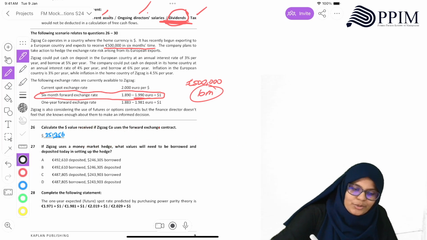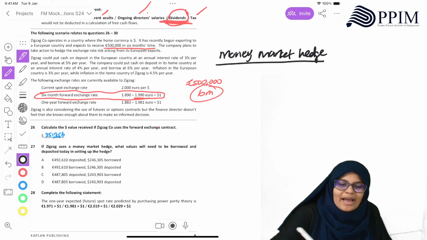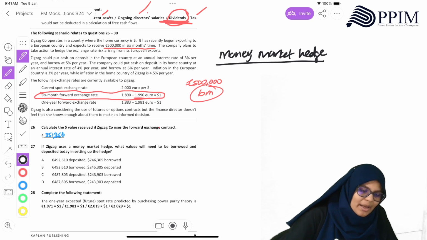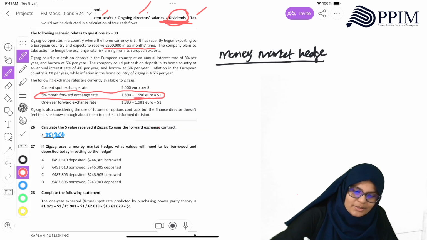Right, so if you are going to do a money market hedge, we need to have two columns basically, right? We will have today and what is going to happen in 6 months time. So let me put in today's first. So we will have a heading saying today and what's going to happen in 6 months time.